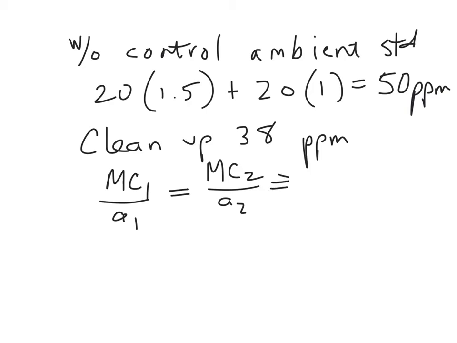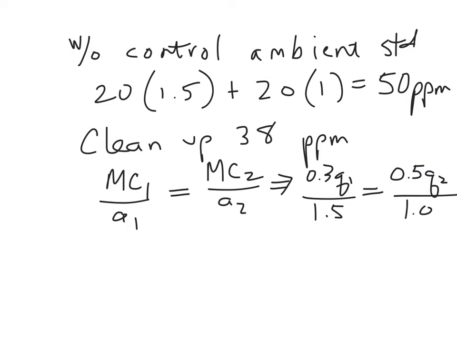And we know if this relationship holds, we can plug in numbers. 0.3 Q1 over the transfer coefficient 1.5 has to equal 0.5 Q2, that's the marginal cost of cleanup pollution divided by the transfer coefficient, 1.0.